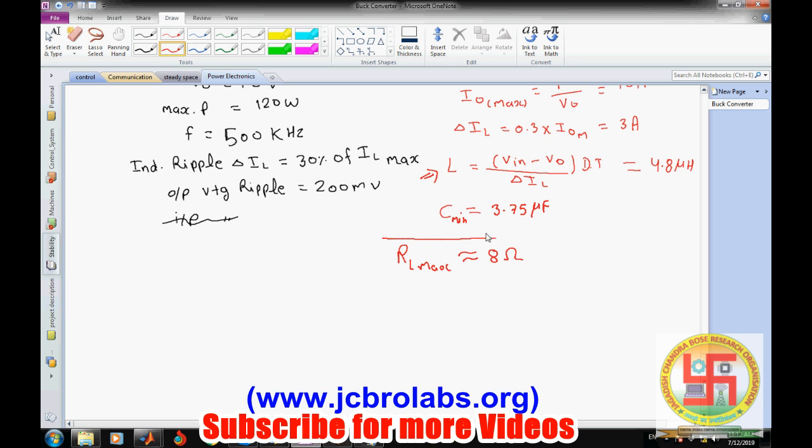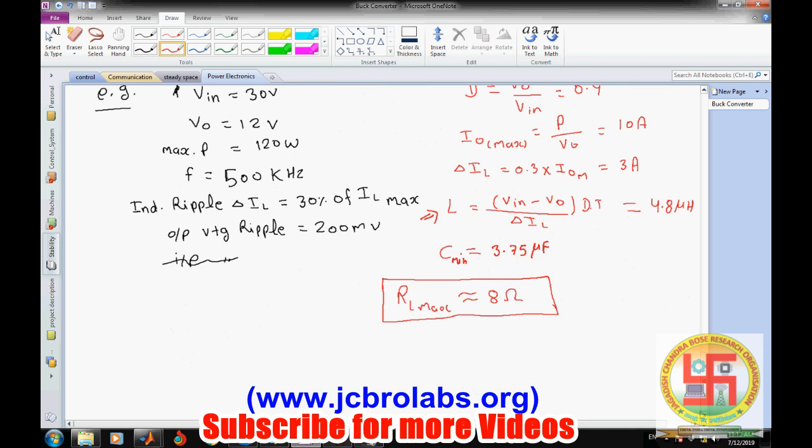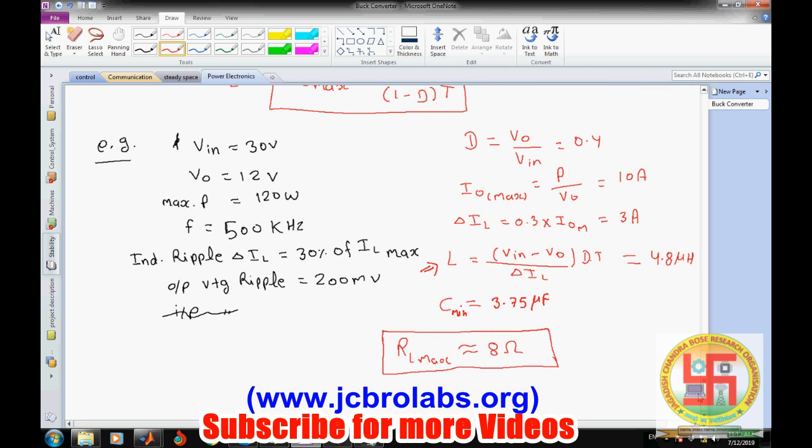That means if we increase the resistance beyond 8 ohm, the output voltage will not hold at 12 volt, it will go beyond that. This is how we can estimate the different values of this buck converter, L, C, and everything.